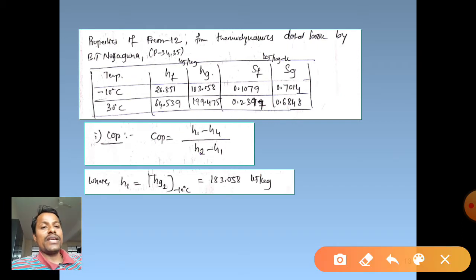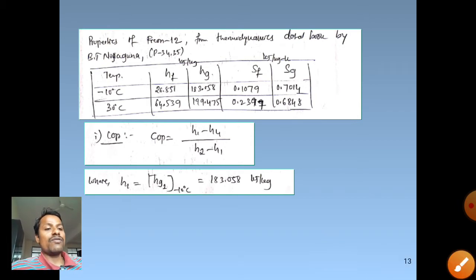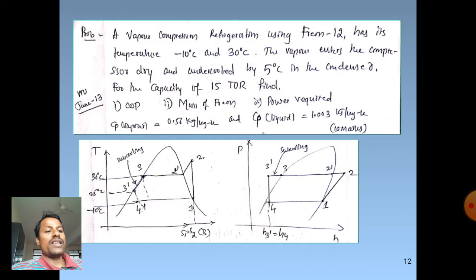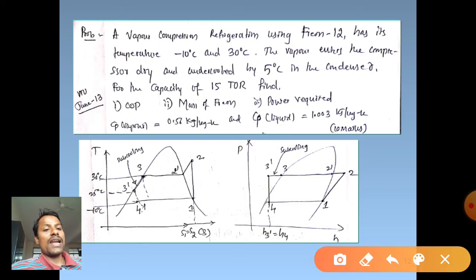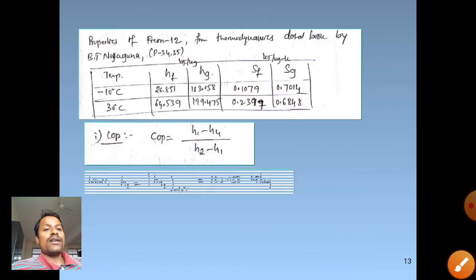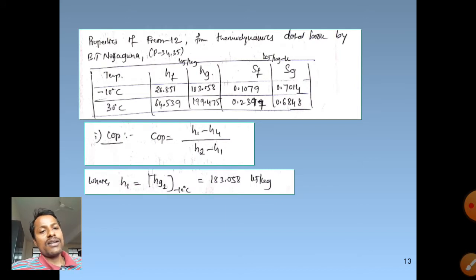Out of that, the first one is H1. State 1 is marked in the problem statement at the inlet of the compressor, on the saturated vapor line. So at state 1 we can apply the formula HF plus HFG directly, or even write HG directly, because HF plus HFG is HG.